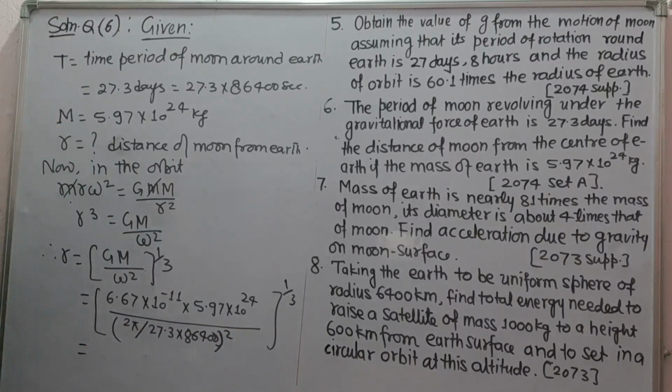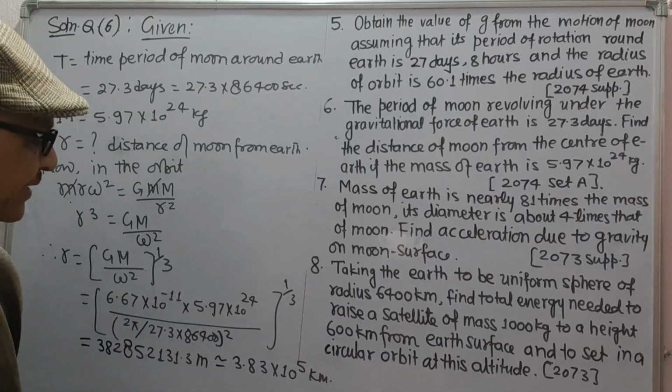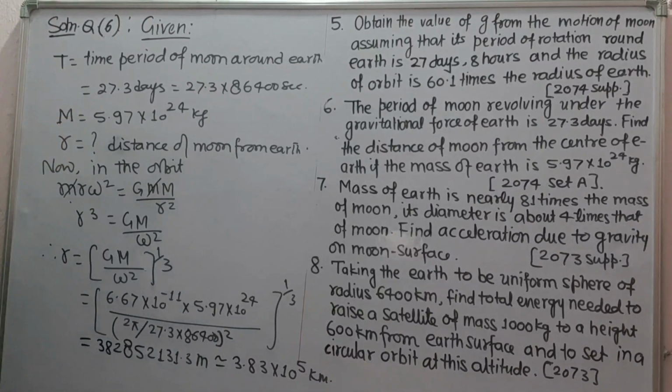On simplification we get 382,852,131.3 meters, which is nearly 3.83 into 10 to power 5 kilometers.